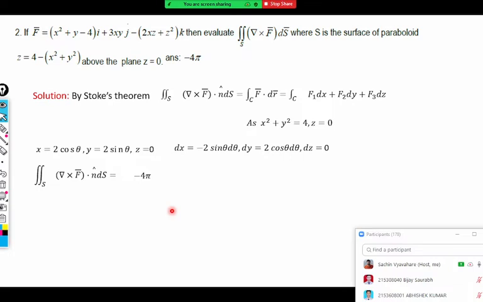Because this paraboloid below the xy plane, z equal to 0 means below the xy plane, it is open from the two sides there, and generally such questions cannot be solved, because we should have a surface which has one closed boundary, only one closed boundary. Then only the question is of the Stokes theorem. Got it?